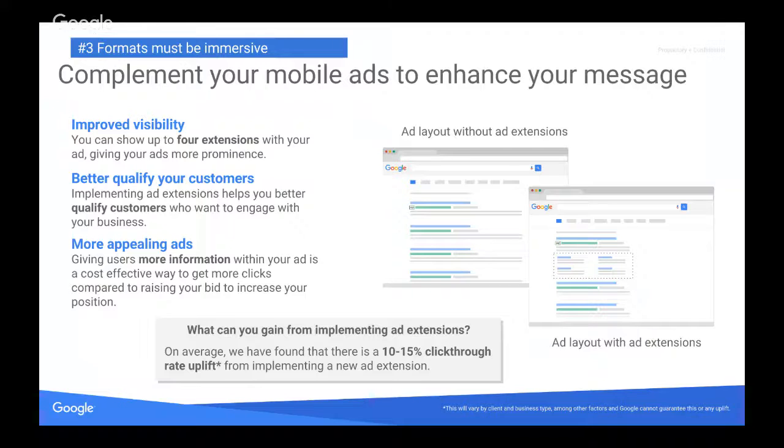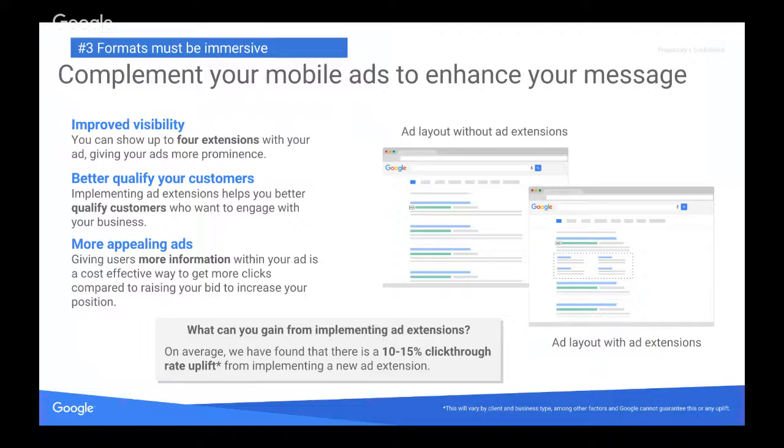For example, if you conduct a search on any of the airlines in Malaysia or Singapore that is advertising on Google, you will notice that their ad is slightly longer than usual. It contains site links extensions, and that's because they have leveraged on the extension features itself.